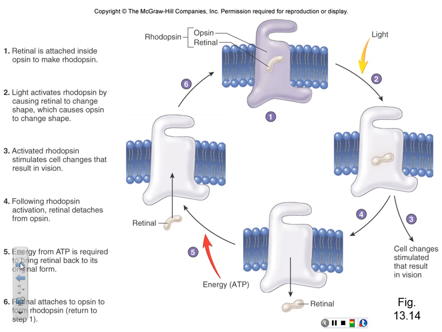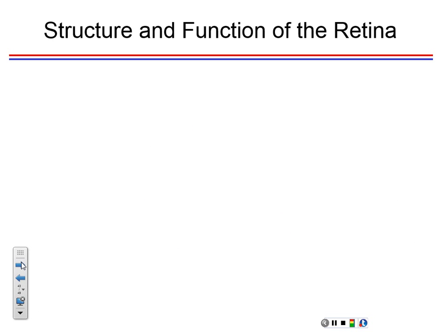Afterwards, in the dark, it looks like you can really see properly. Have you noticed that? Yeah, that's what happens. It's because of this cycle, because you have to make that protein and so forth. Okay, so know this cycle. Okay, and it's kind of very intuitive, like I was saying.